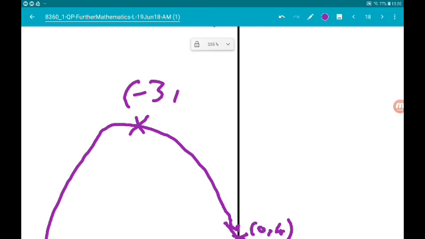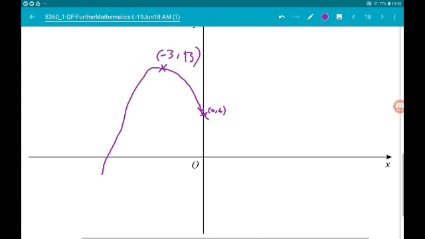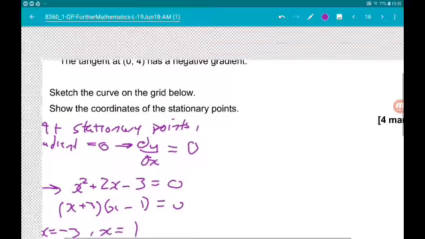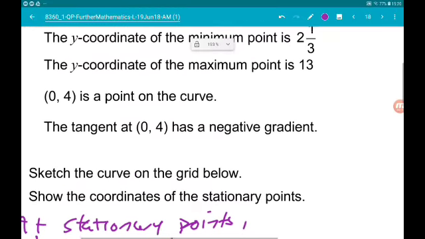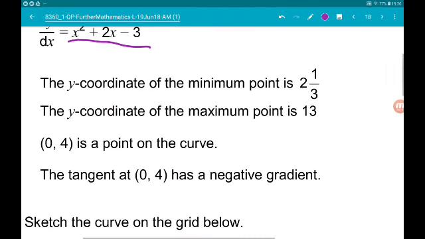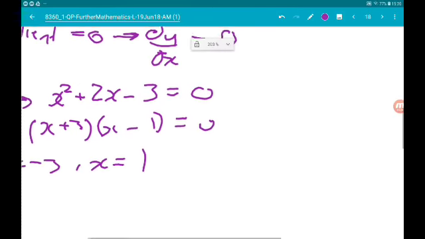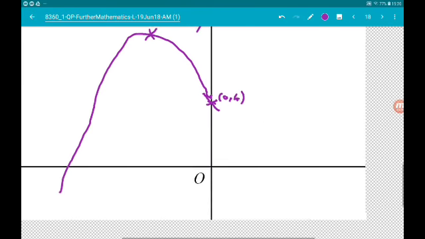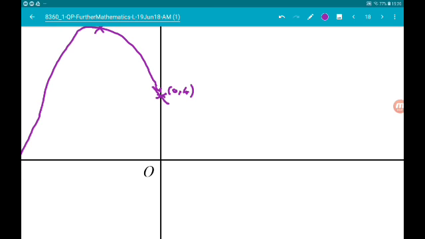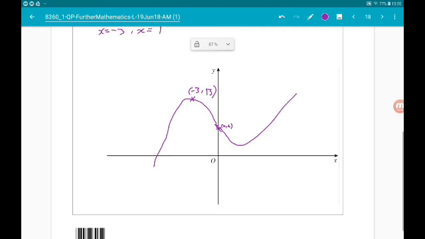So the maximum is at -3, 13, and then the minimum, well, we know that the y-coordinate of the minimum is 2 1/3. So that tells us then the graph does not go through the x-axis again, because the minimum is positive. So our graph is going to look something like this.